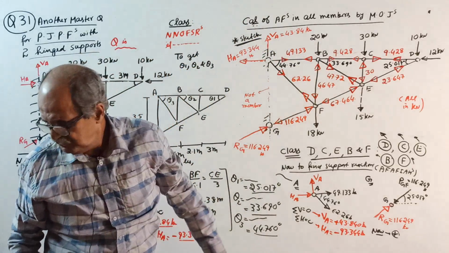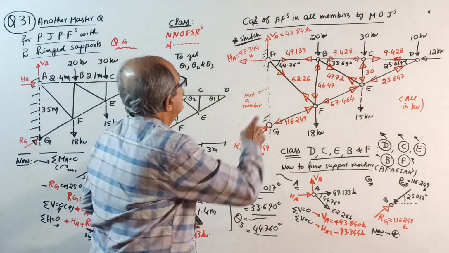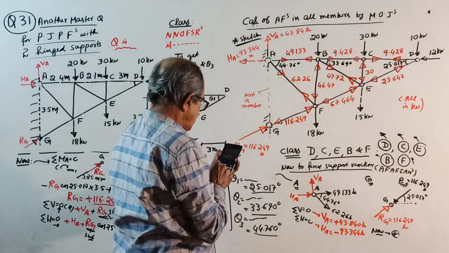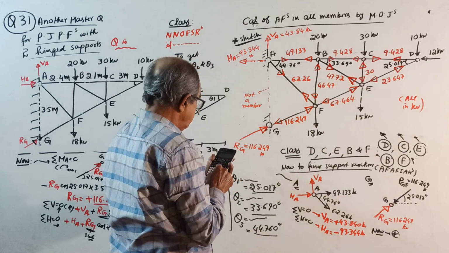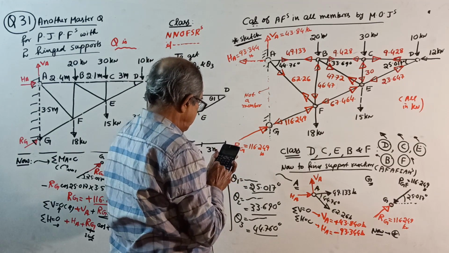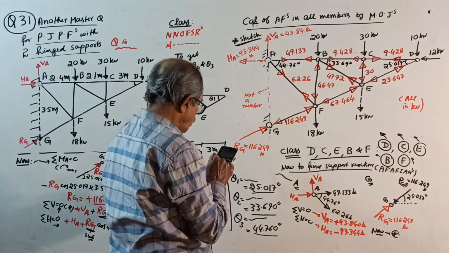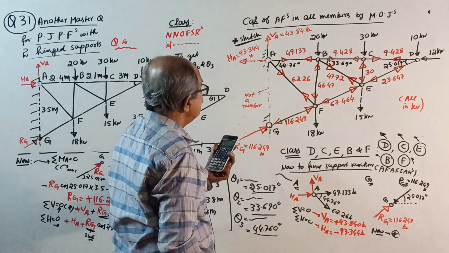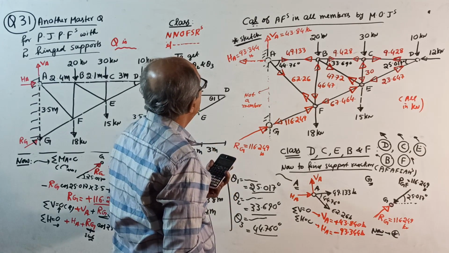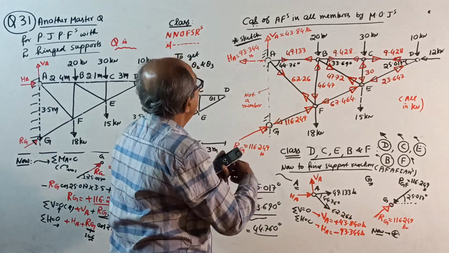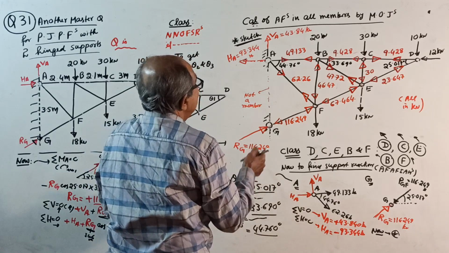Shall I check it? The resultant of these two reactions is root of 43.84 square plus 93.344 square, equal to 103.126. That should be equal to the resultant of these two.